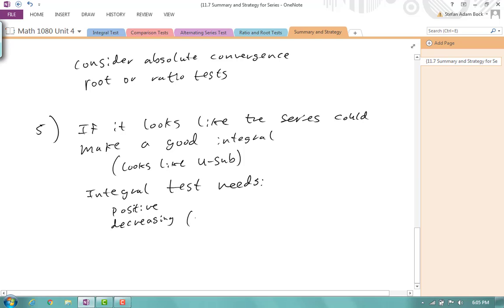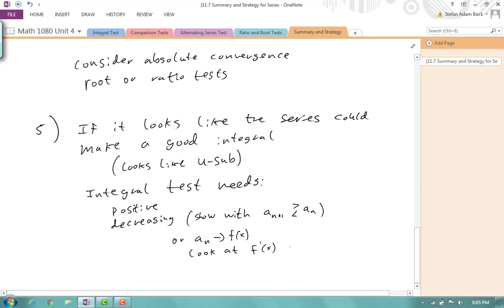And we can show that by either checking a sub n plus 1 greater than or less than a sub n, or we could translate a sub n into a function of x, since we're already doing that anyway to try to do the integral test, and look at f prime of x.